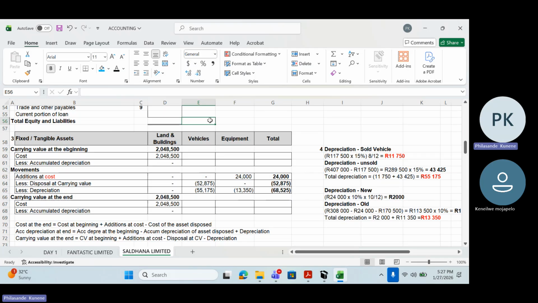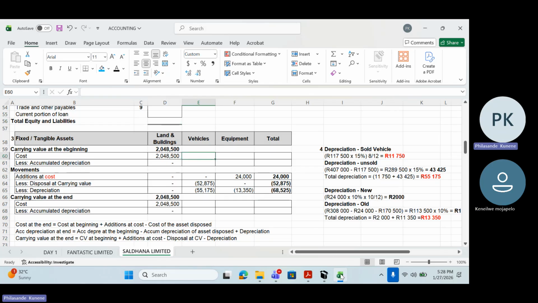Land does not depreciate. We know that and we agree. Instead, it appreciates. But since now there is land, we're not going to depreciate it because we cannot split the two amounts, and we don't know which one relates to the building and which one relates to the land. So as a result of that, you're going to keep it at the original cost price. Leave it like that.